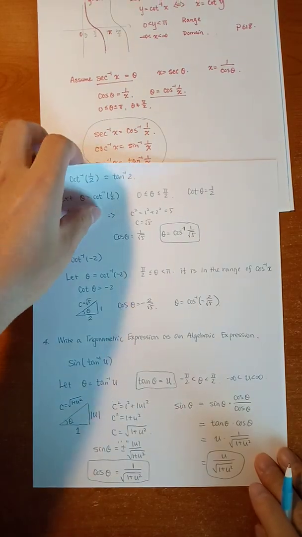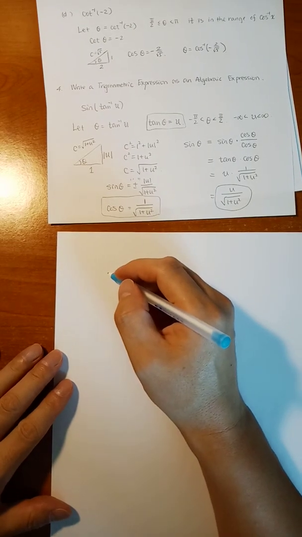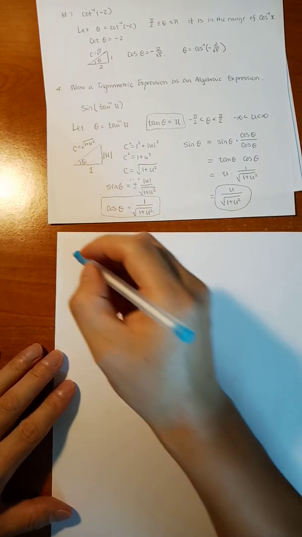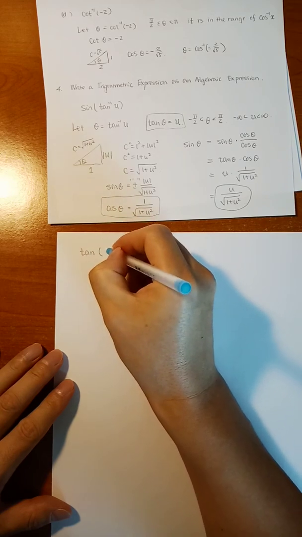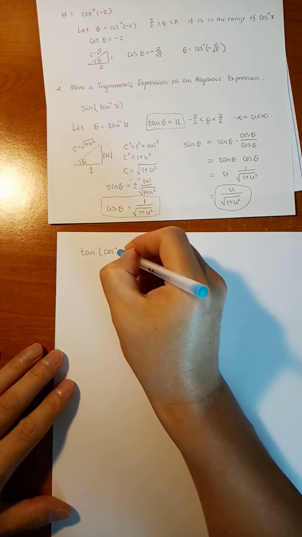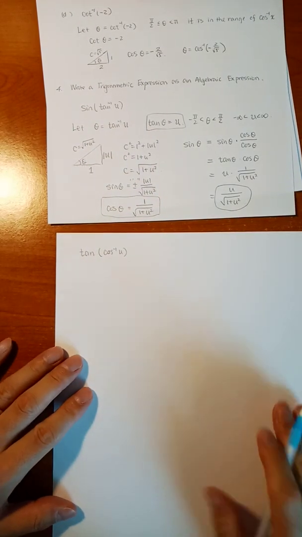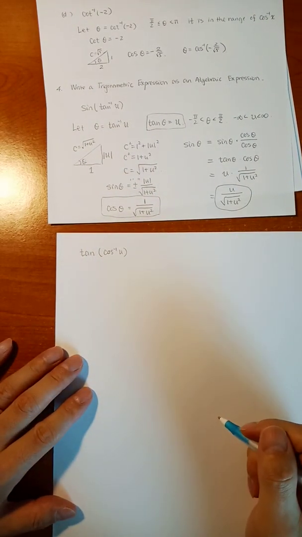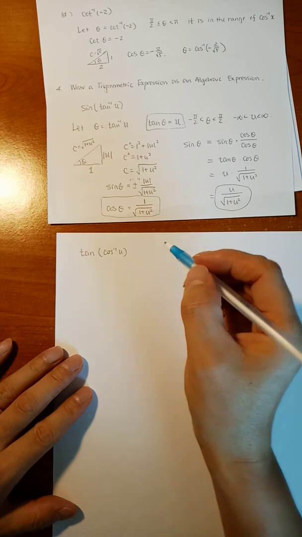Let's see another example. This is an interesting problem. Let's see more examples. Okay. So for example, we are looking for tangent of cosine inverse of u. Alright, then let's see.